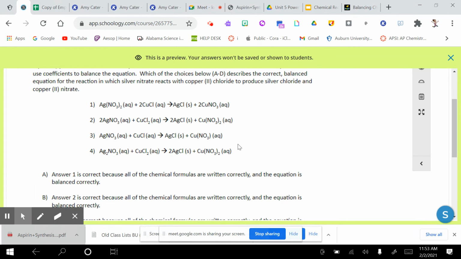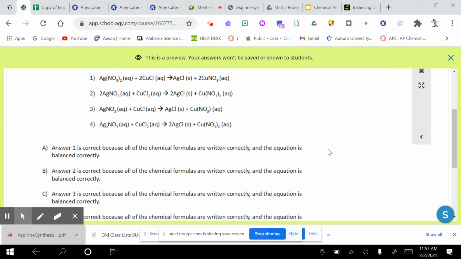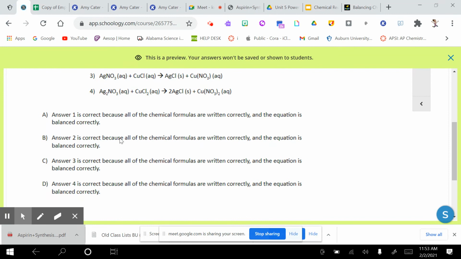You can ignore all of the AQs and the S's. They don't do anything for balancing the equation. So you are going to choose which one is balanced correctly and written correctly, where the chemical formula is written correctly, and then it's balanced correctly. And ignore the AQs and the S's. Don't worry about them. Okay?